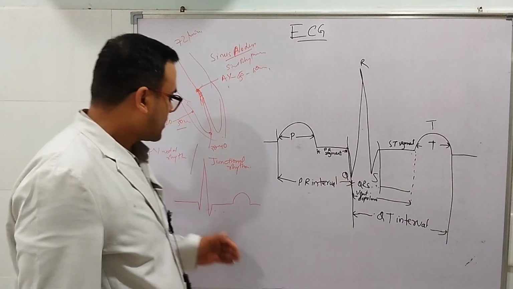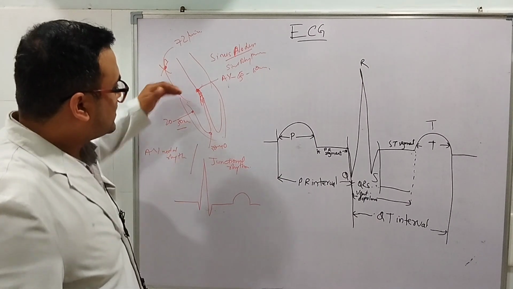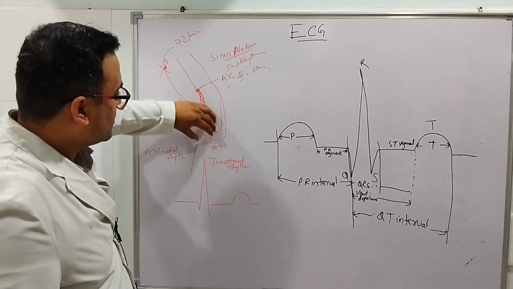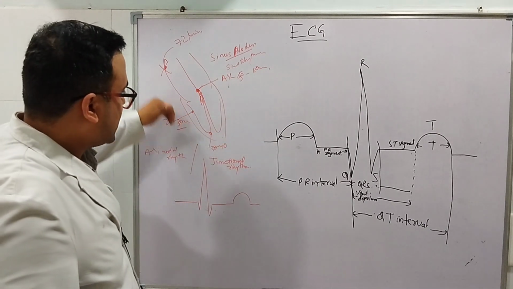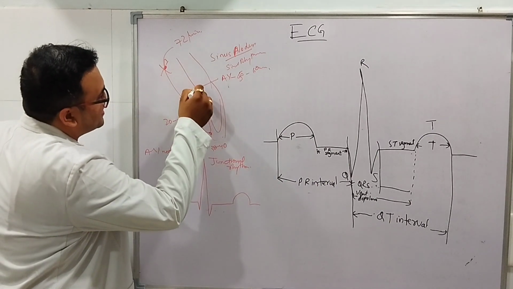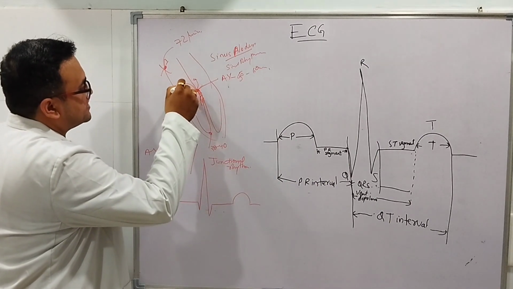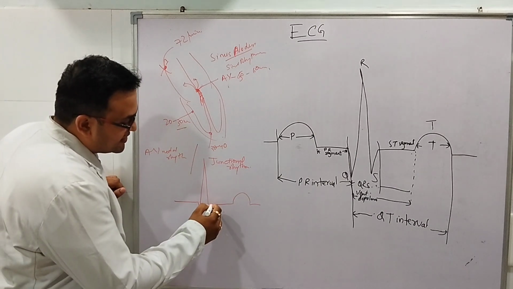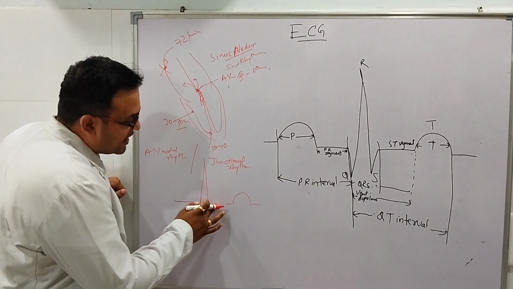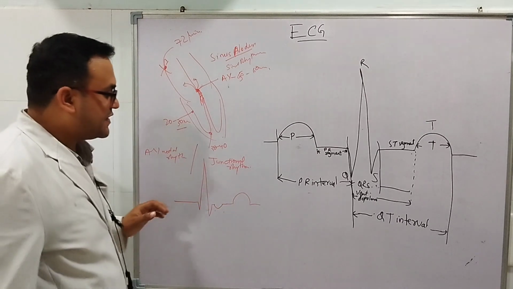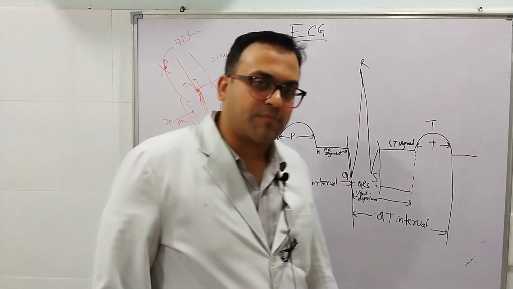Now we see that the AV node will fire and the action potential is spreading downwards, but it can also spread upwards. Sometimes it can also spread upwards, and in that case we can see a downward, negative P wave after the QRS complex.